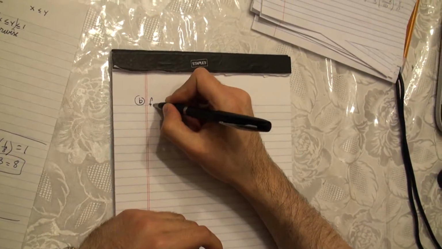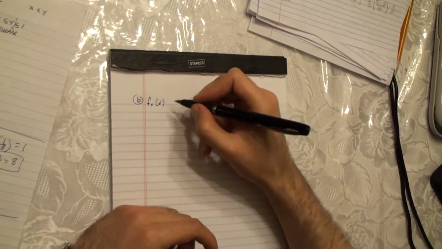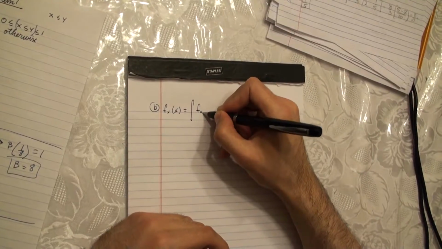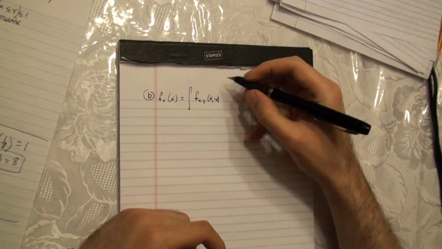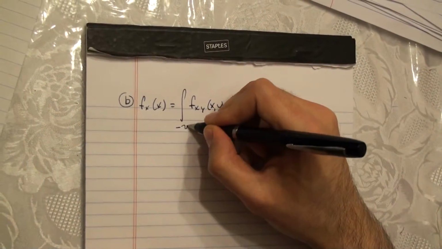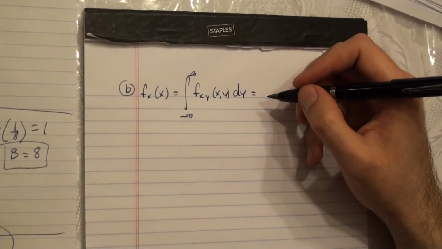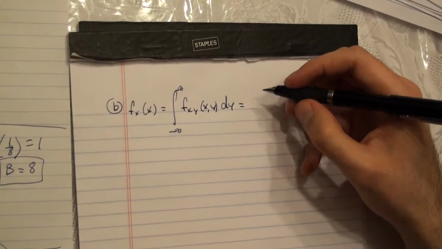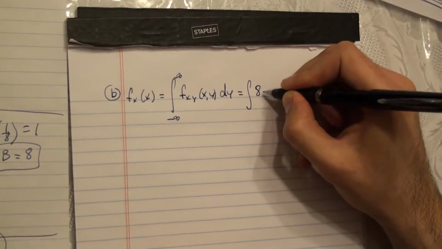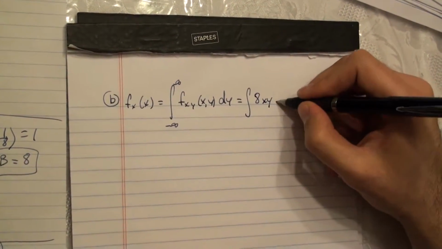So what's f of x? F of x is just going to be f of x y, but we're going to integrate y out. So what's our joint density function? It's going to be 8 times x y dy.